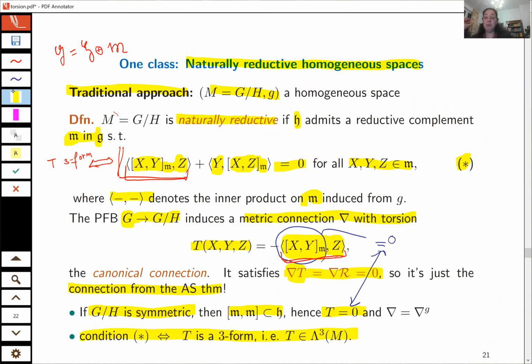And then the connection just boils down to the Levi-Civita connection. So again, we see not only qualitatively, if I put T equals 0 in the theorem, I recover the symmetric case, but even in this more detailed description of naturally reductive spaces, I see how symmetric spaces are the trivial case with vanishing torsion. And naturally reductive homogeneous spaces will just be our playground of connections with skew torsion. By this Ambrose-Singer theorem, this is the most natural thing to do. And if you want to classify these spaces, then connections with torsion are just the right tool to use.